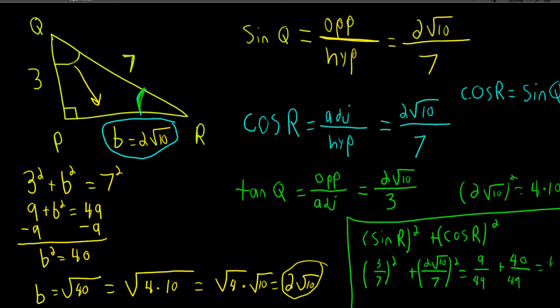Add them together, you get 49 over 49, which is equal to 1. So maybe this might be some sort of important formula. I don't know. It might come into play later, but that's just something interesting we found out just by doing some simple math.